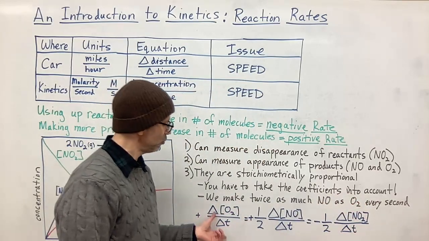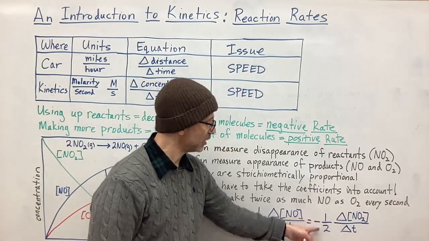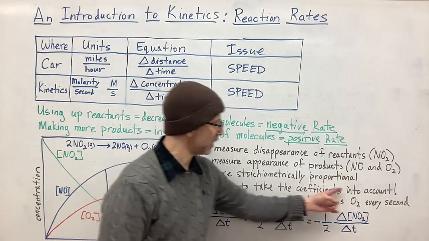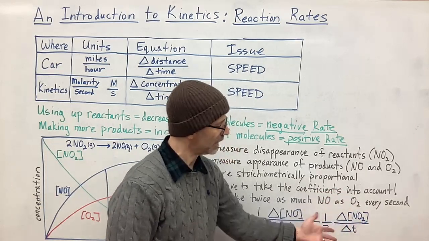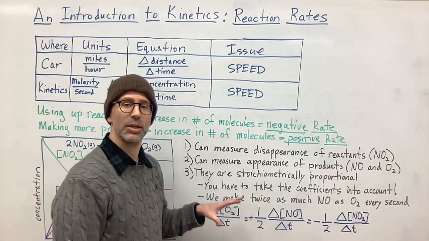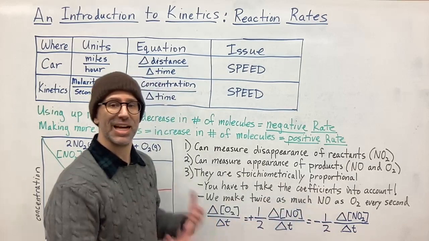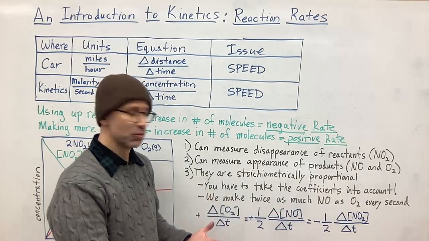And so if I take the reciprocal of the coefficients and multiply that by the change in the concentration of that species over time, then I will be able to calculate the reaction rate with regard to each of these species and come out with the same reaction rate.